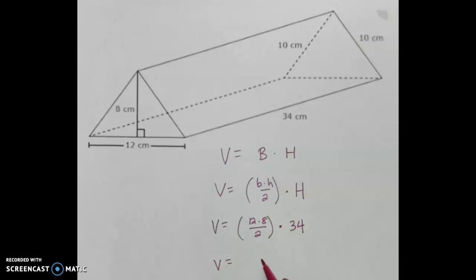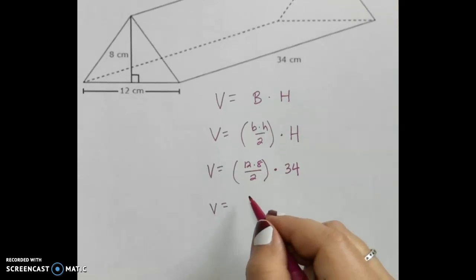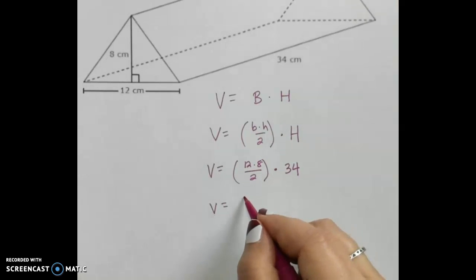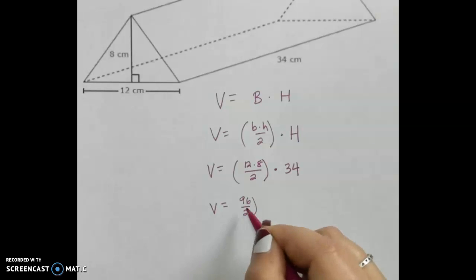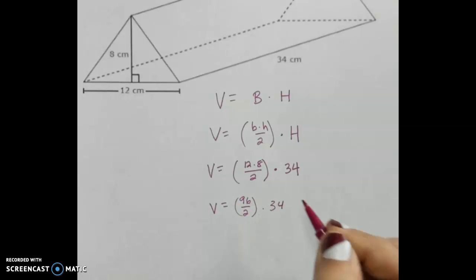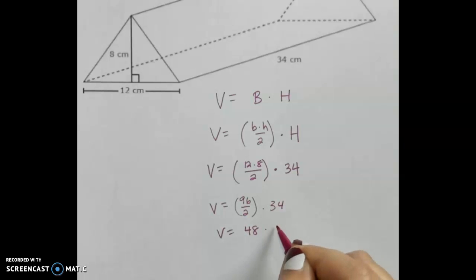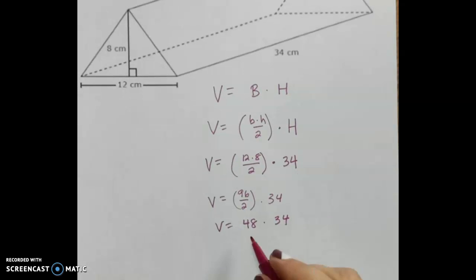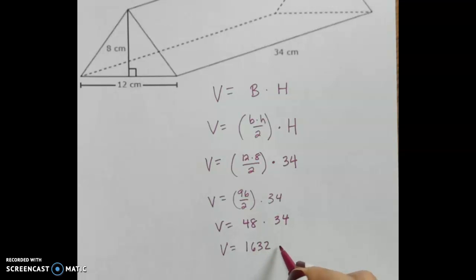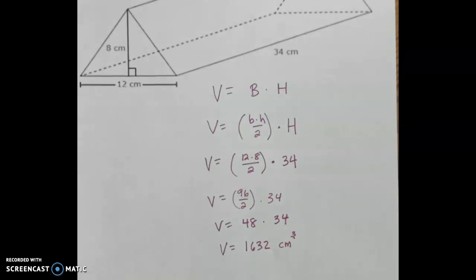Doing my work in the parentheses first, 12 times 8 gives me 96, and 96 divided by 2 is equal to 48. 48 times capital H is equal to 1,632 centimeters cubed. Don't forget your exponent of 3 on your label.